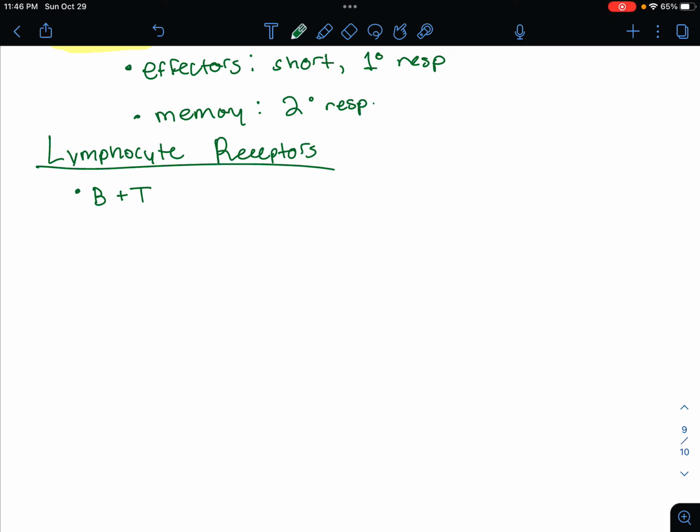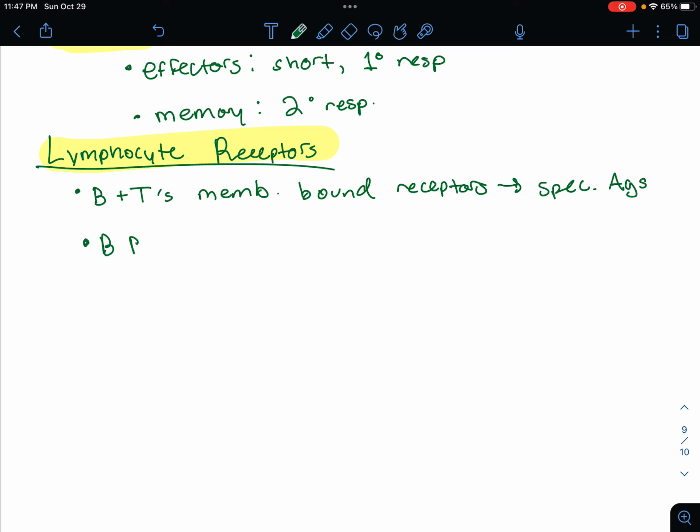These have membrane-bound receptors. They're going to recognize specific antigens, so AGs.